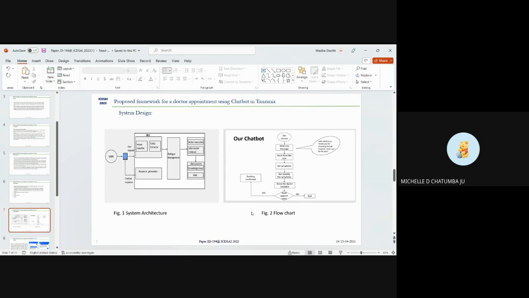The knowledge base and websites are integrated with the chatbot system, and the chatbot may utilize the knowledge base as a source of reliable information to respond to user queries. Then there is response generation.